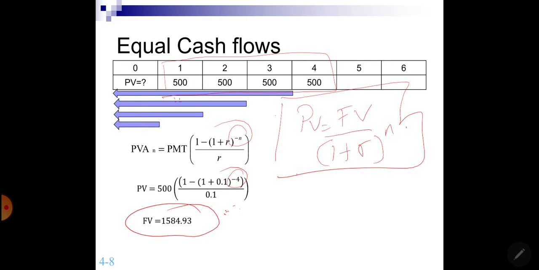In every other case, you can always use this formula. You can use this formula for equal, single, unequal, every type of cash flow. The annuity formula is just a shorter way of doing the calculation. You will get the same answer from both the formulas.